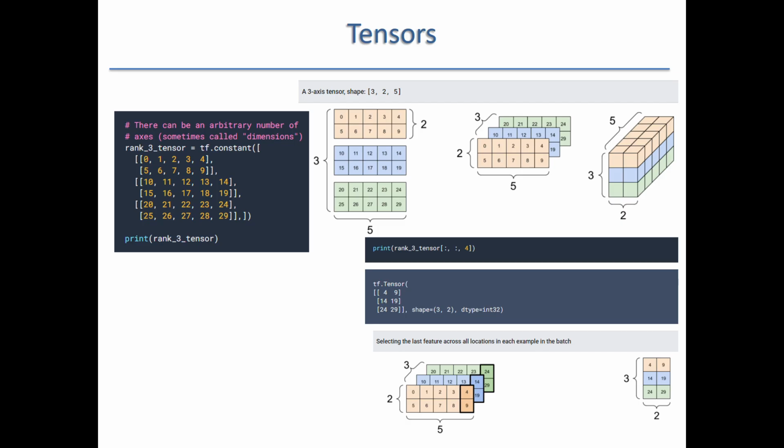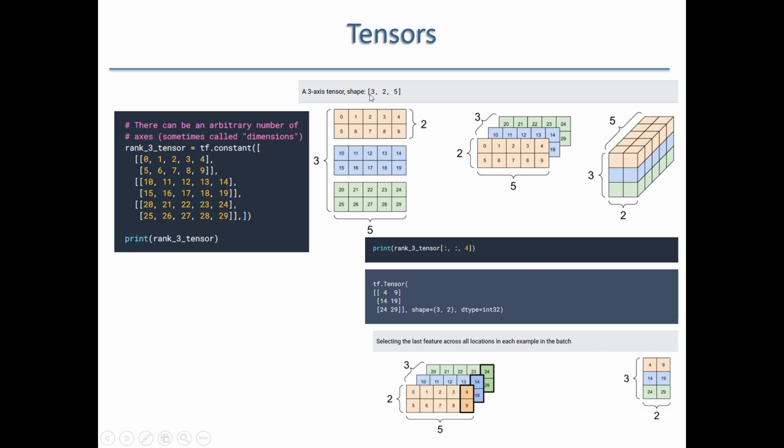Let's give an example. Let's say that we want to define a tensor of 3 dimensions. This is called rank 3. And then we fill it with these numbers. It is just numbers from 0 to 29. So we have 30 numbers. The dimensions will be 3, 2, and 5.